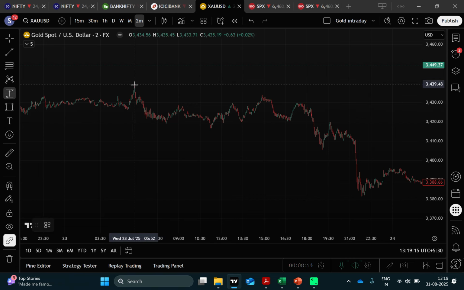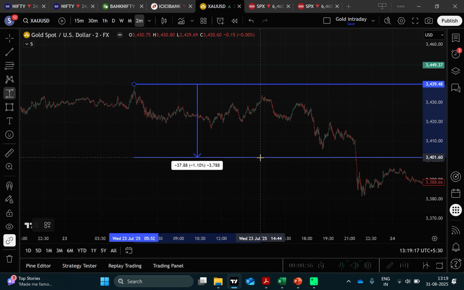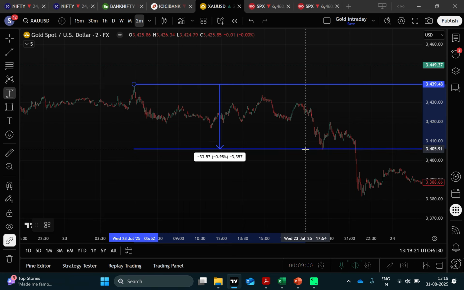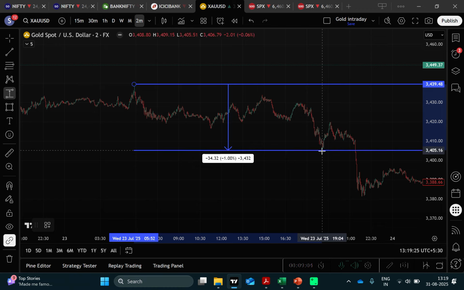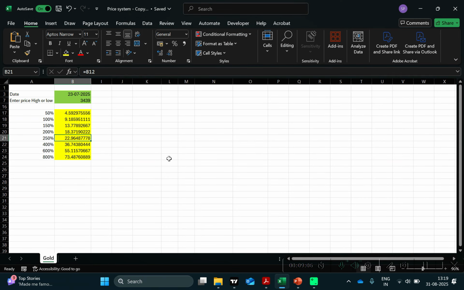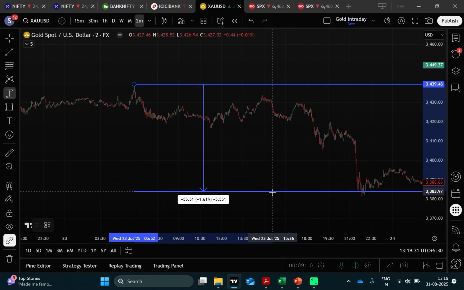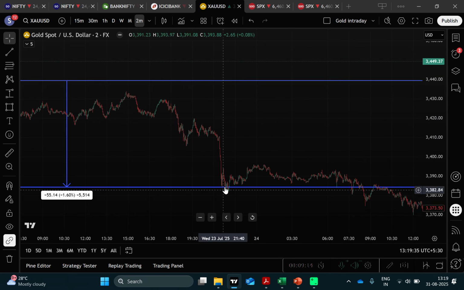Let's see, 2336. So 36 is this low here. This is close to 36, and the next one is 55. So 55 is right here. It just poked through a little bit.